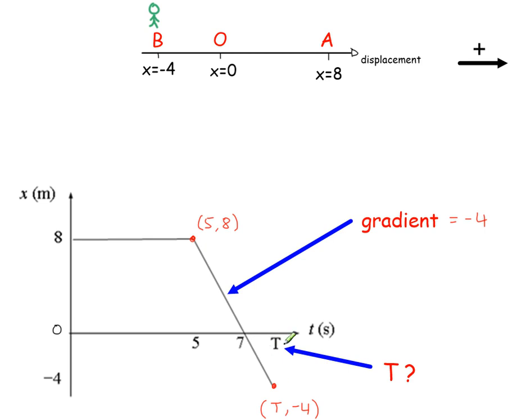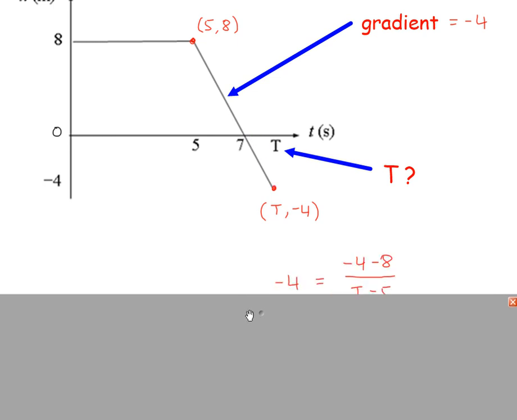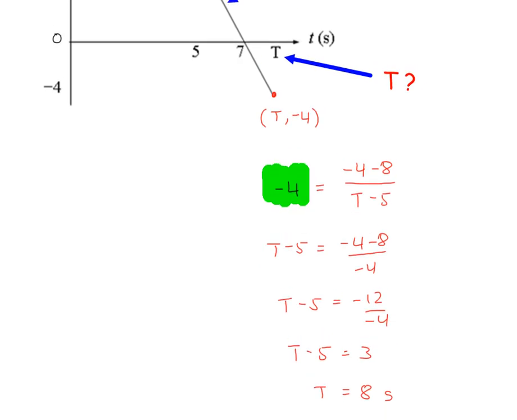We're looking for the value of t, time, at this point here. We know the gradient in this region already. Because it's the same straight line, the gradient here, and hence the velocity, will also be the same. So we can write down a simple equation for the gradient, and if we solve this equation, we get t is equal to 8 seconds, which is the value here.